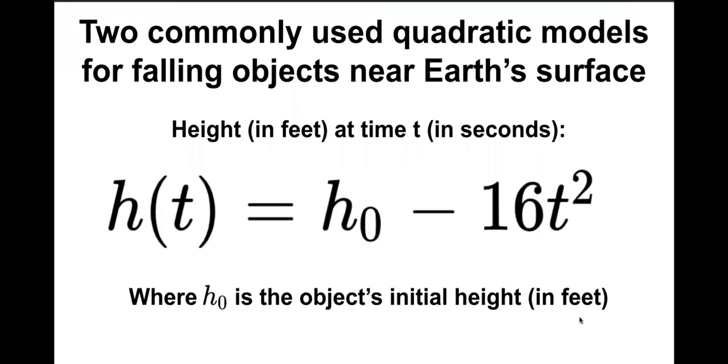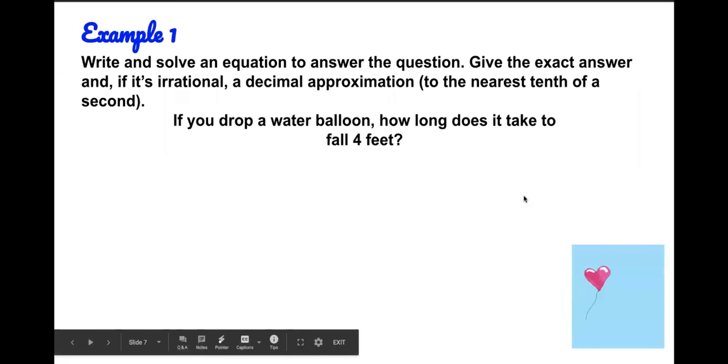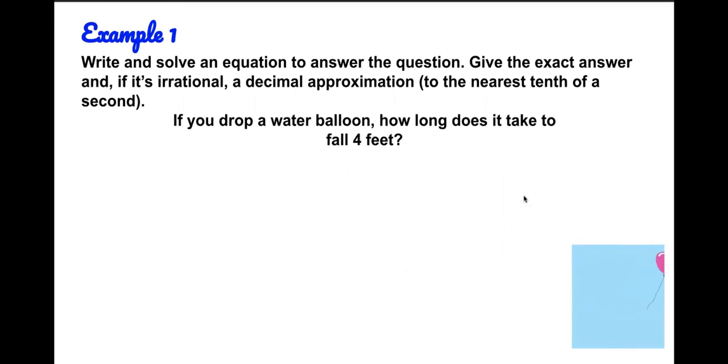All right. Let me go ahead and introduce you to your first example. Our first example says to write and solve an equation to answer the question. It says right here to give the exact answer, and if it's irrational, a decimal approximation to the nearest tenth is required. If you drop a water balloon, how long does it take for it to fall 4 feet?